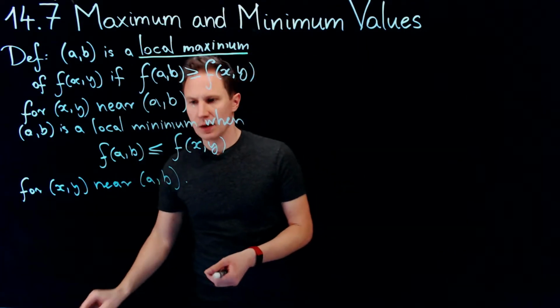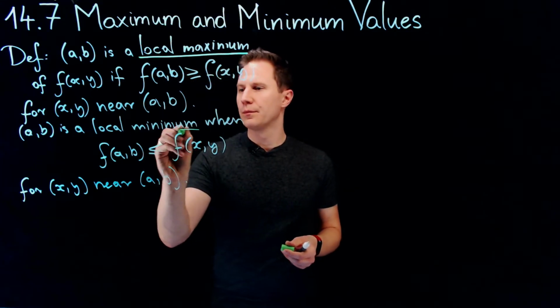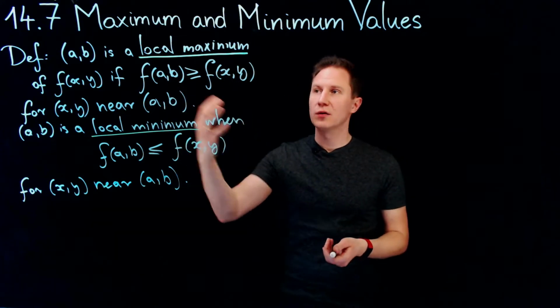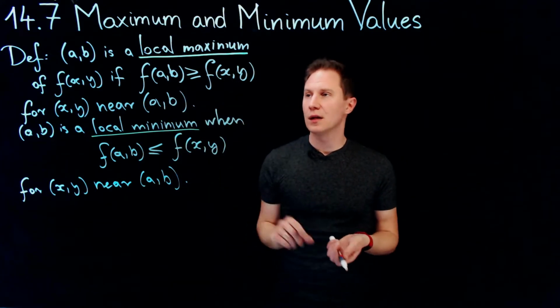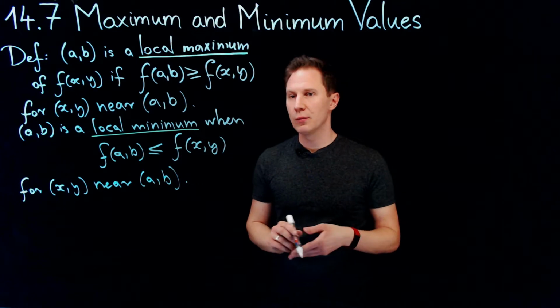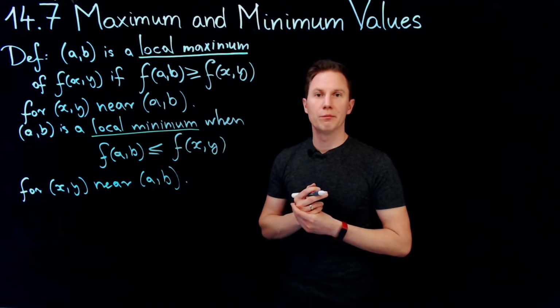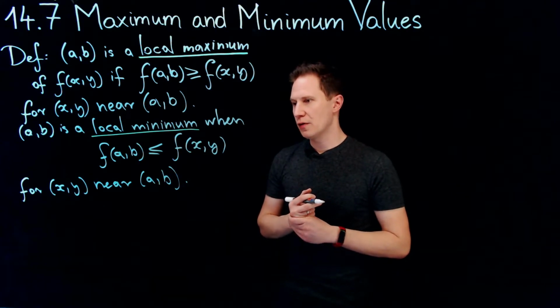Okay, so this is a local minimum. And in this video, we are going to start studying local minimums and maximums and how we can identify these local minima and maxima of a function.